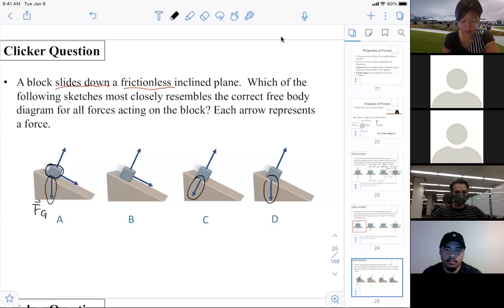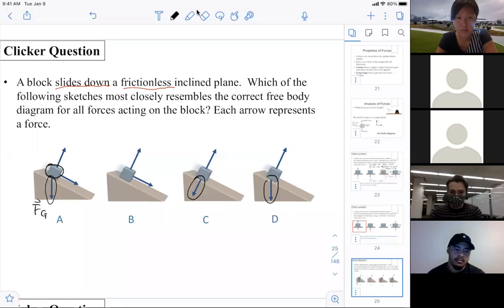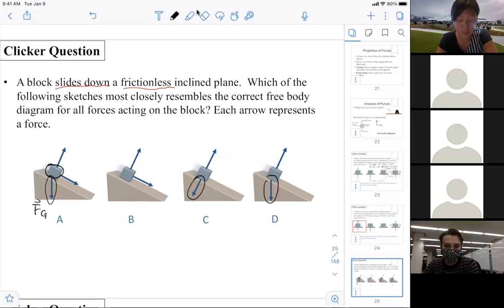Okay, so other than that, the block is in contact with what other object? Inclined plane. It's the inclined plane, right? There's nothing else. So the inclined plane will provide what kind of force for the block? Normal force.